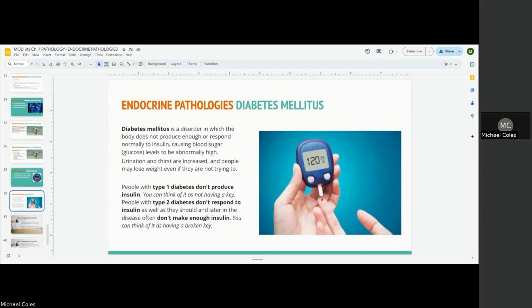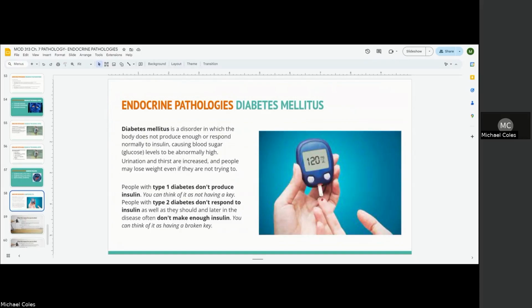You're going to have somebody at a hotel direct you with your bags to your room, right? So they have a key to open your room to put you in the room. But if we don't have enough insulin, then we're going to have too much sugar in the bloodstream, and that is going to be inflammatory, and it's going to cause condition, right?